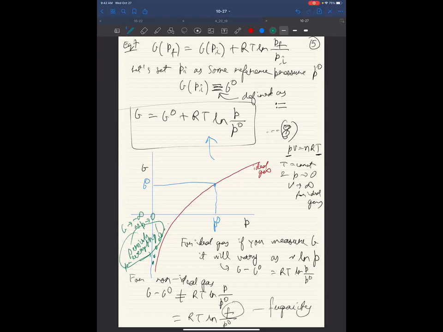But as you increase the pressure, you could have some complicated behavior. It could cross the ideal behavior, it could come back, it could be some curve. So in general, it would look different from an ideal behavior. So let me draw the same curve on the next page. I'm just going to reproduce it, so don't worry about copying this too fast.